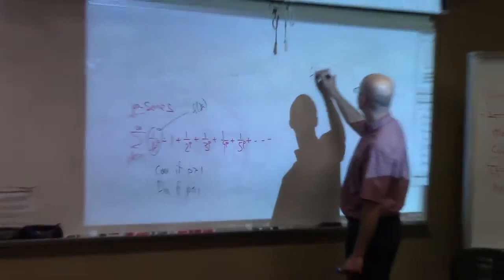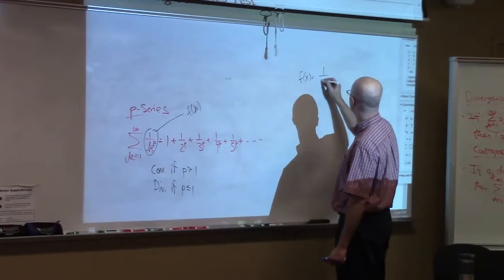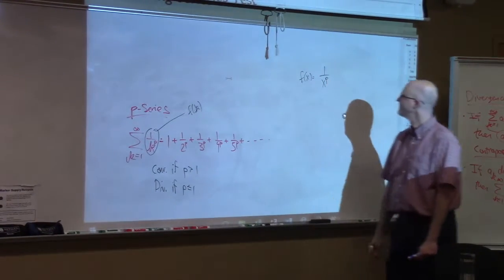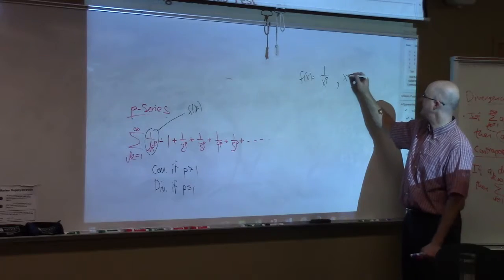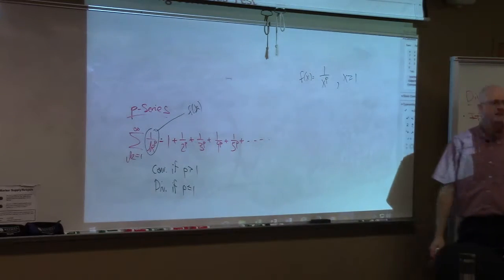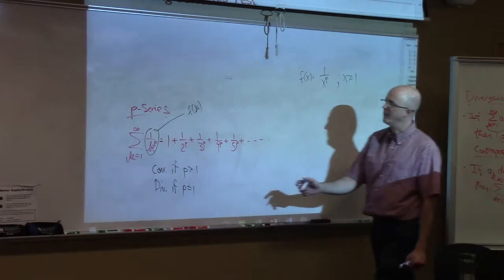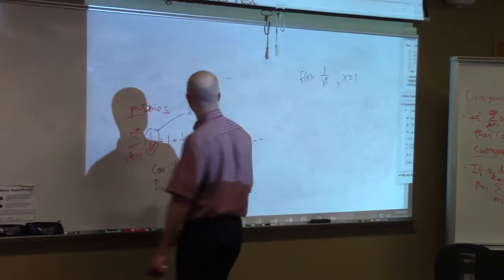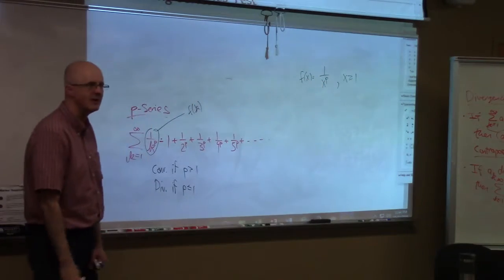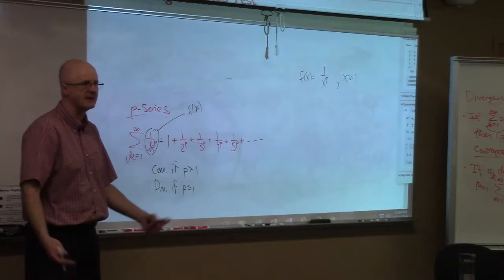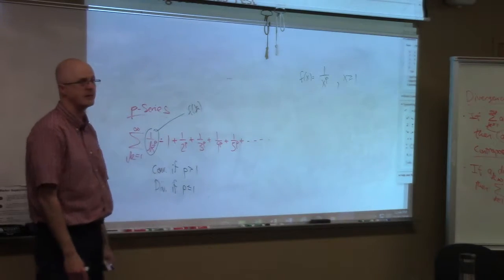For some function f of x, where x is a continuous variable, considered for x greater than or equal to 1, although if we were starting at k equals 2, we could consider it for x greater than or equal to 2. If we were starting at k equals 3, we could consider it for x greater than or equal to 3.